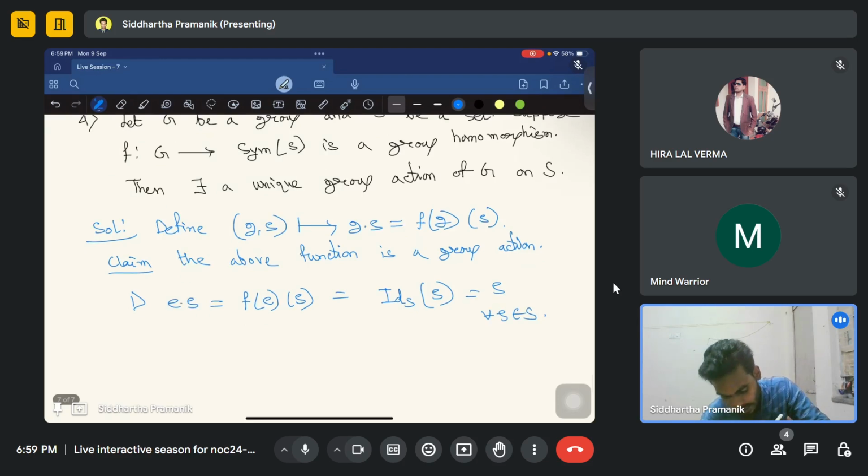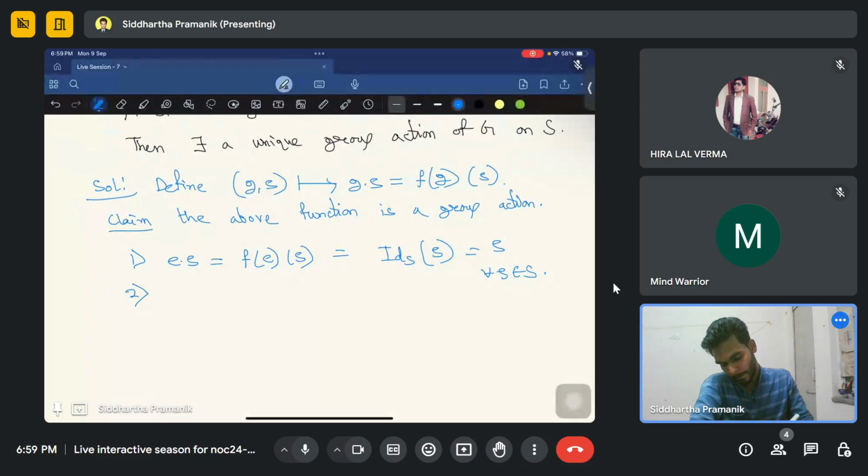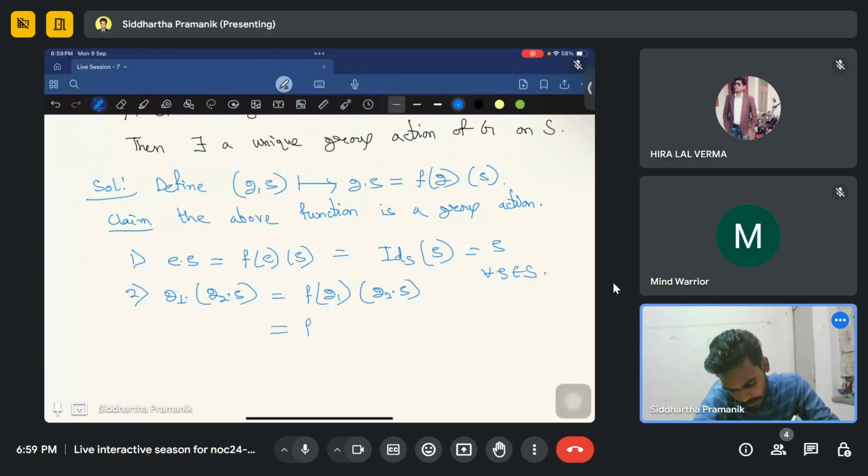Now what about the second one? Let's take g1 dot g2 dot s. By definition, this is f of g1 evaluated at g2 dot s. And this is the same as f of g1 evaluated at f of g2 evaluated at s.